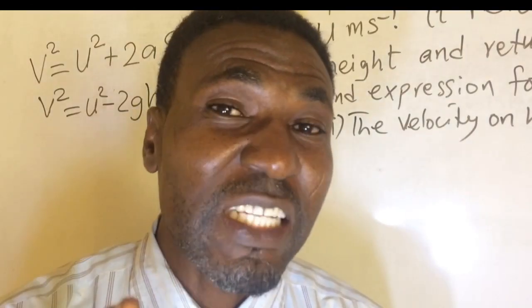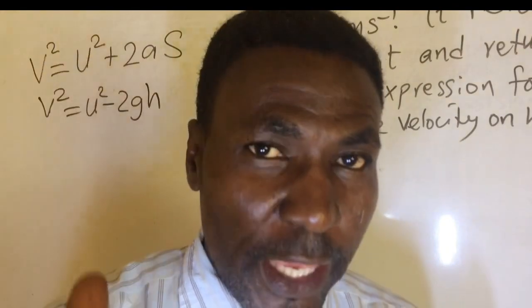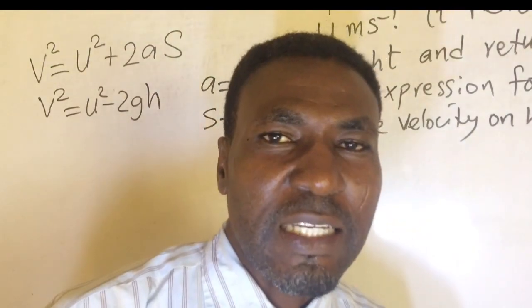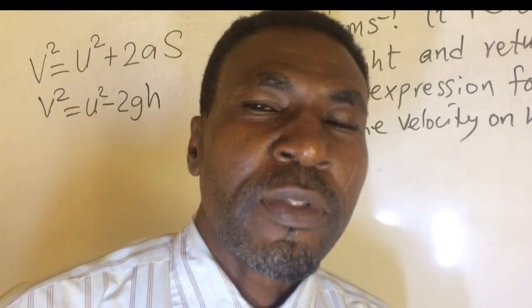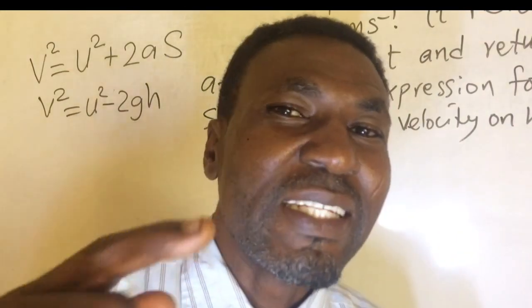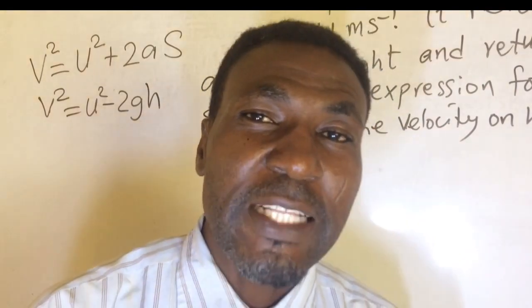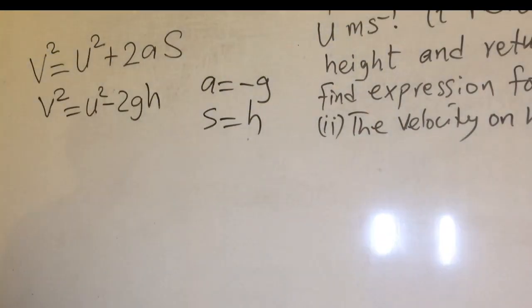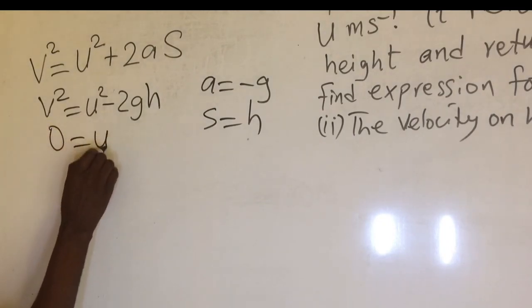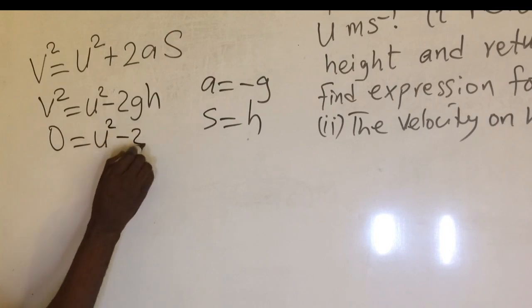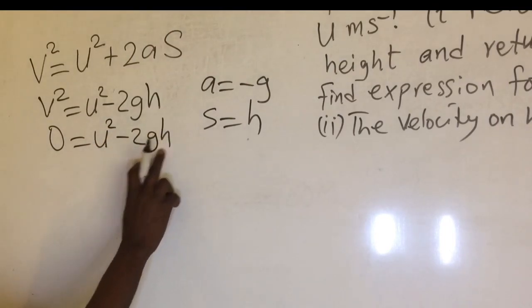So, as it has been thrown upward with the initial velocity u, when it reaches the maximum height, the final velocity there will be 0. So 0 equals u squared minus 2gh, where h is the maximum height.